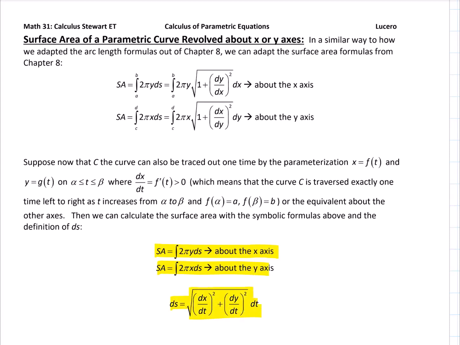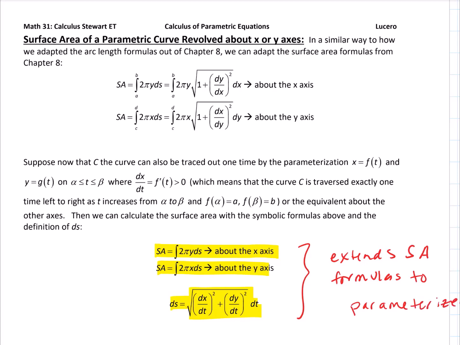So this extends the surface area formulas to parameterized curves. Another extension, but I wanted to focus more on areas and arc lengths.